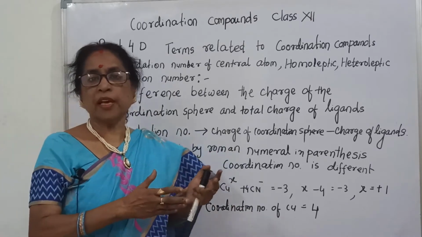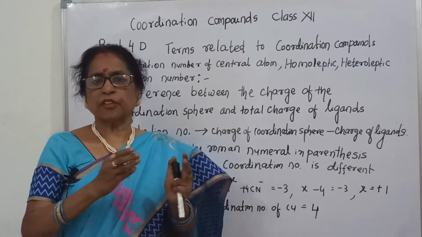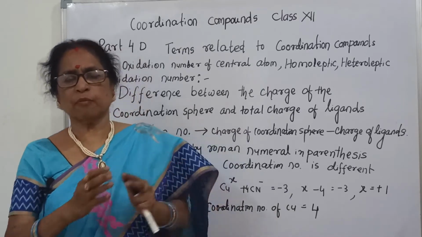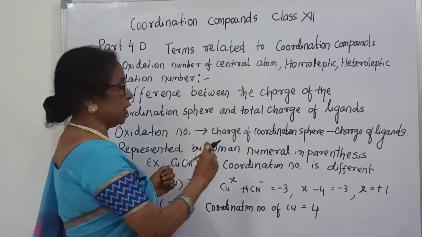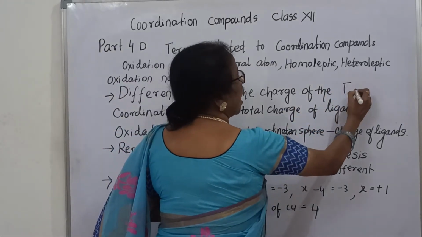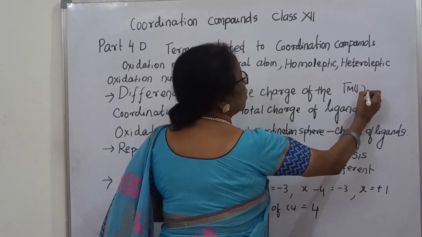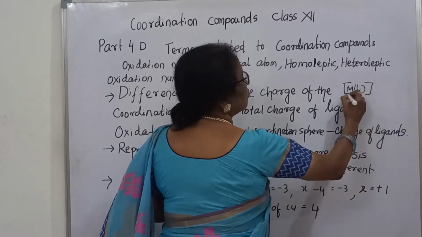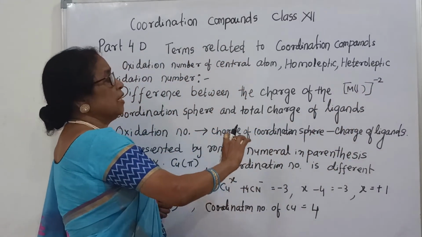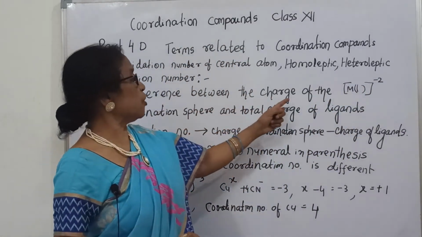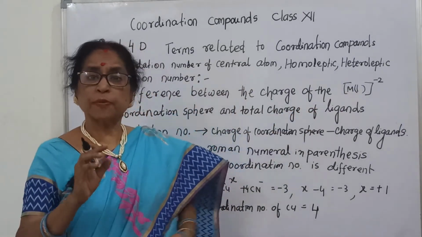The ligand may be only a negative ion, only a molecule, or a mixture, some negative ions and some molecules. Suppose the central metal and ligands are present, and the charge is represented by -2. Then what is the charge of the coordination sphere?